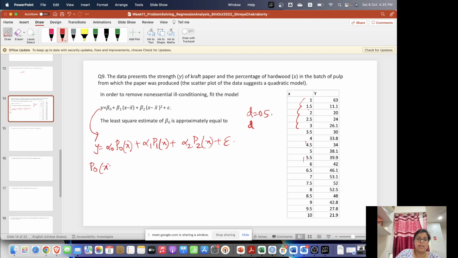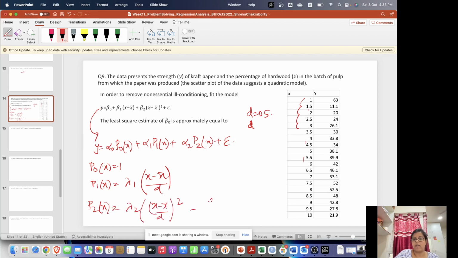where p naught x is 1, p1 x is lambda 1 (x minus x bar) by d, and p2 x is lambda 2 ((x minus x bar) by d) whole square minus (n square minus 1) by 12.